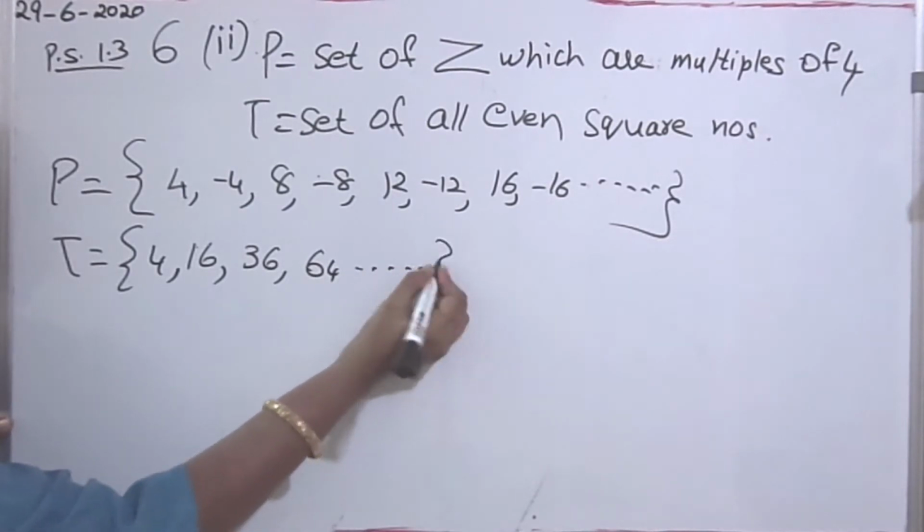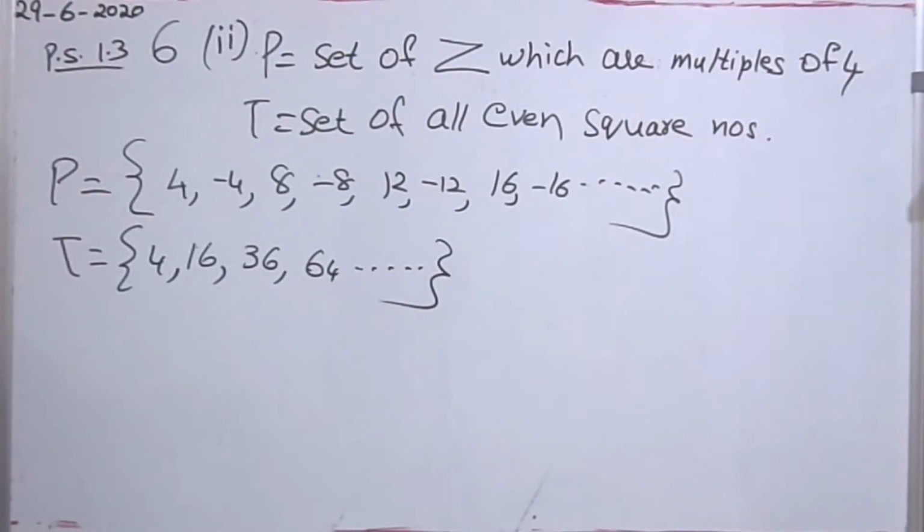And so on. Again, infinite. Now, for this, which can be considered the universal set?